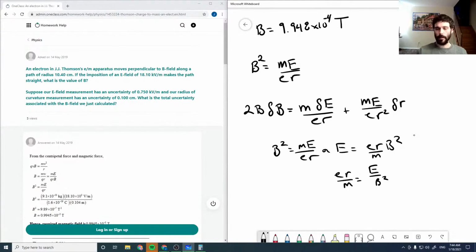So we can put that in there, and in fact we can also use that over here. So we see that this is just B over R, and this is just B squared over E.